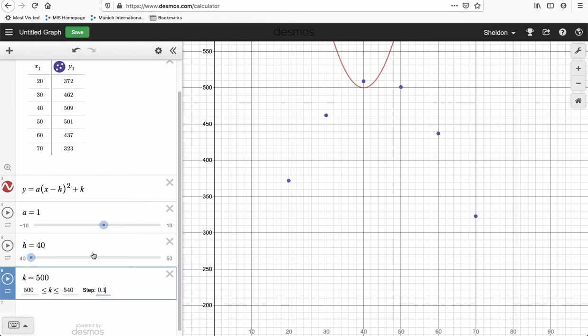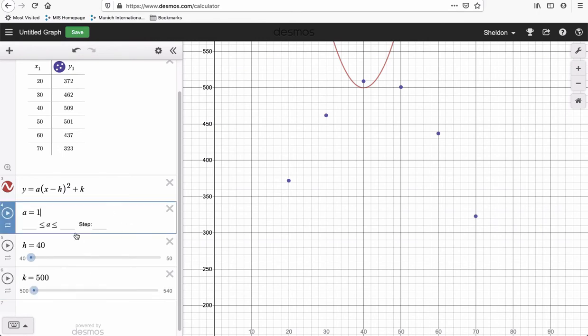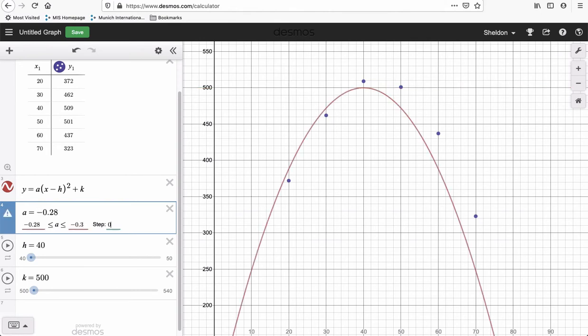Change that to 0.1. Now our a value before, we said it was negative 0.291. So let's go from negative 0.28 to negative 0.3 and make the step size small, and then I'll show you what we can do.